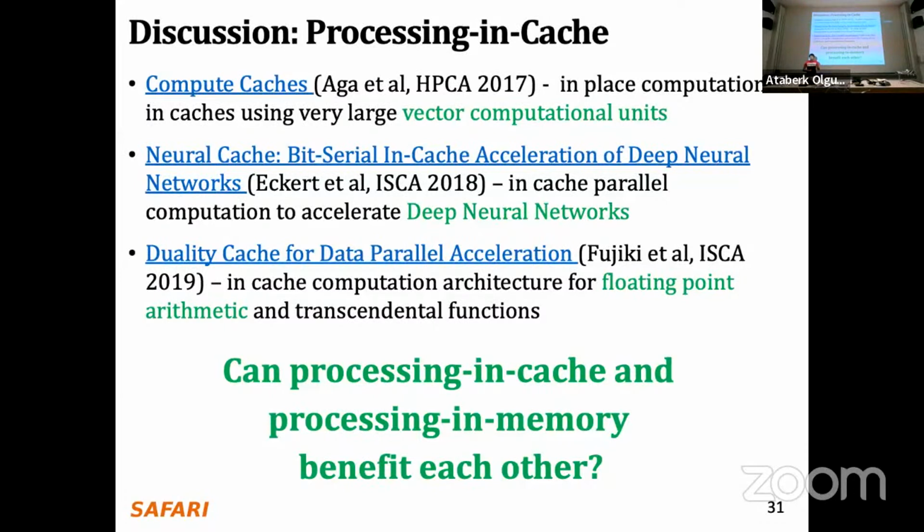However, if you are performing, say, mathematical computing where you only deal with a few kilobytes of data, then it might be better to do processing in cache itself, because if the data you're working on is a few kilobytes, you can already bring that into cache, and maybe with a few movements from memory to cache, you can do it.